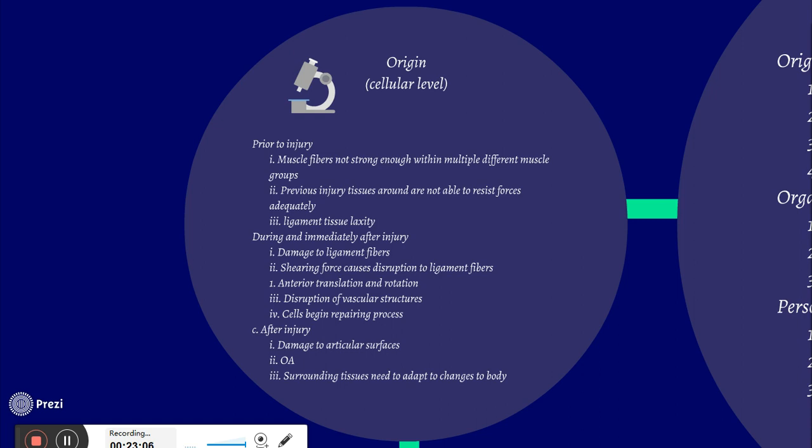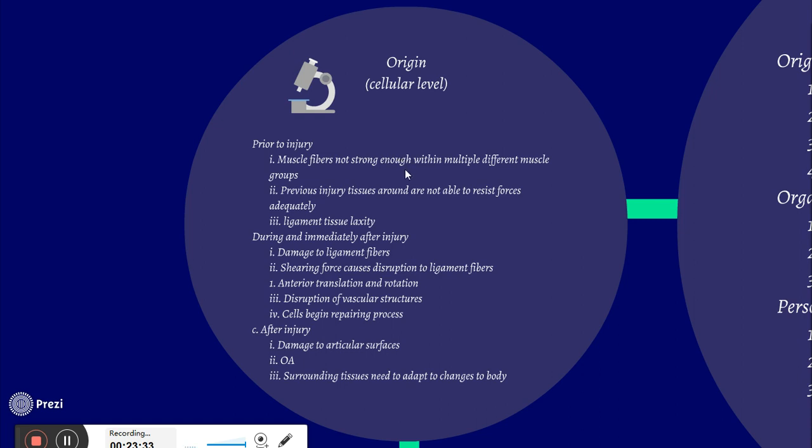Maybe also she has some ligament tissue laxity. And then the injury occurs, which causes damage to the ligament fibers. The force disrupts the fibers, the blood vessels are broken, and then the cells begin their repairing process.